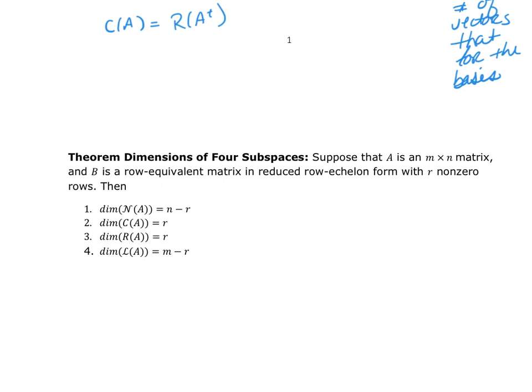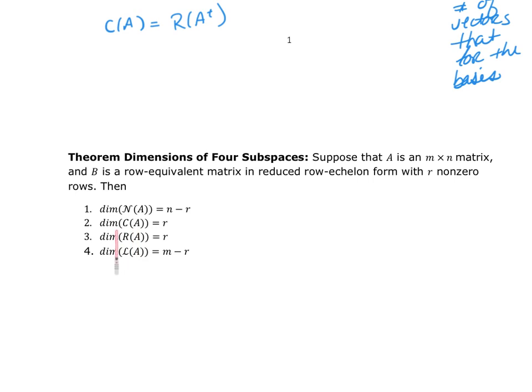Then that leads us to our final and interesting, nice theorem here. Again, the proof is in your book for your viewing pleasure. If A is an m by n matrix and B is a row equivalent matrix in reduced row echelon form with r non-zero rows, those are our pivots, then the dimension of the null space has to be the number of columns minus the number of pivots.